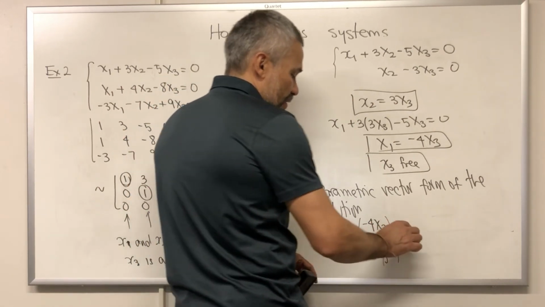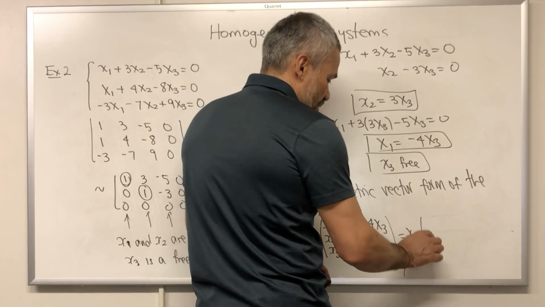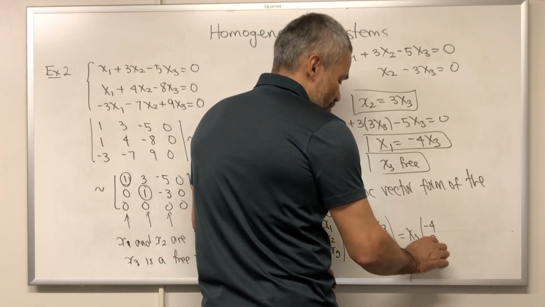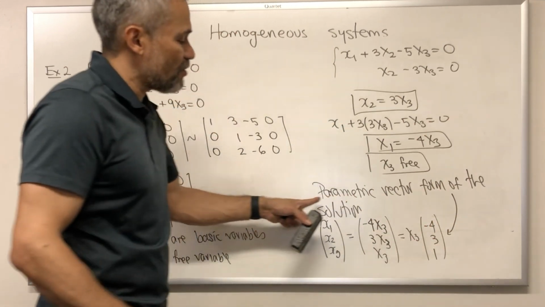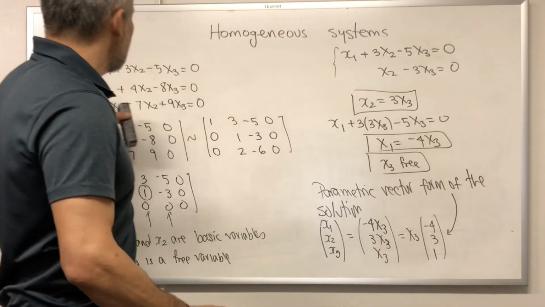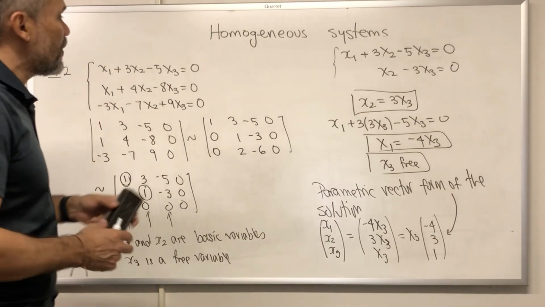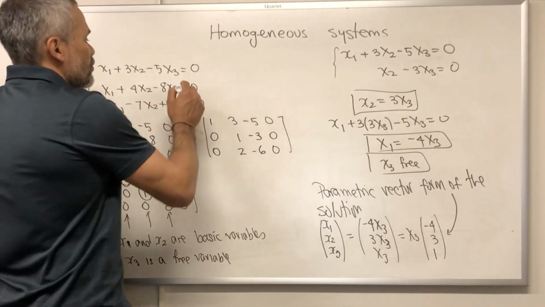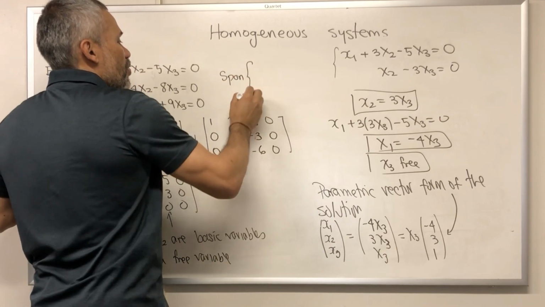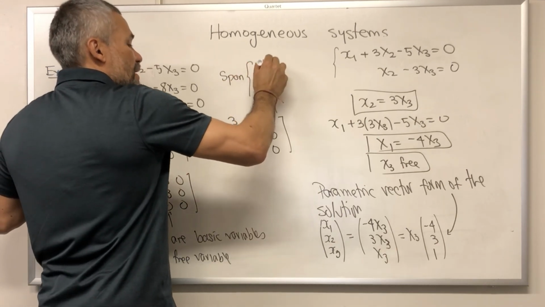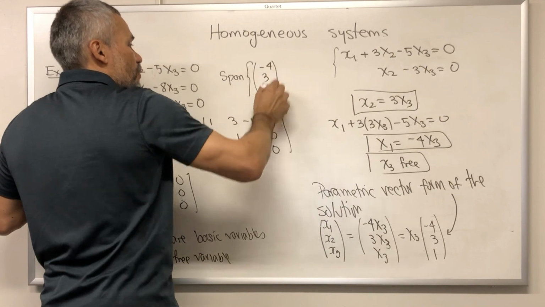Then this can be written as x3 times (-4, 3, 1). This is called the parametric vector form of the solution of this system. And we can see that the solution of this system is the span of the vector (-4, 3, 1).